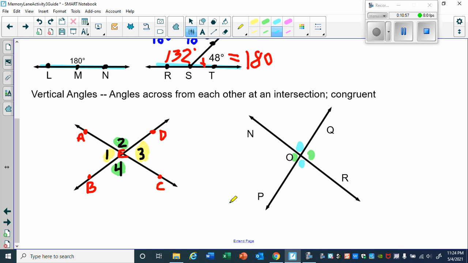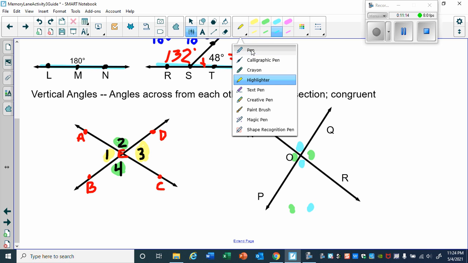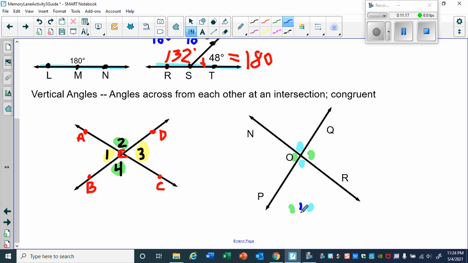But you also know that you have a linear pair going across, consecutive next to each other. So that might be another little tidbit. So you could say green plus blue equals 180.